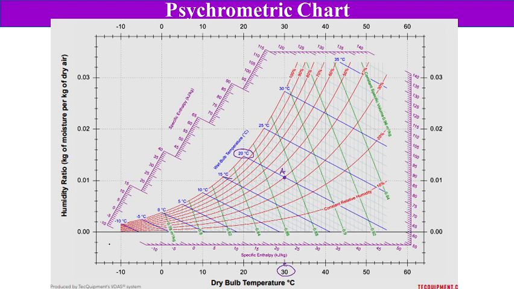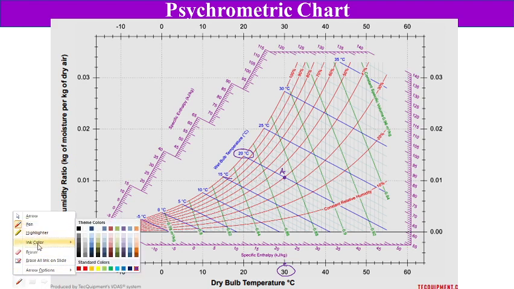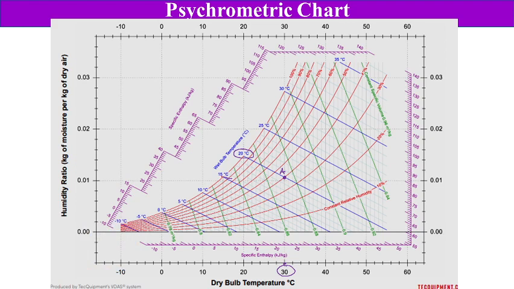A horizontal line indicates dew point temperature. So I will draw a horizontal line passing through this point. This horizontal line represents dew point temperature.